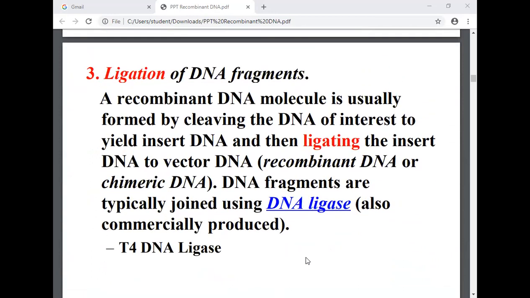Then if we cleave the DNA segments at certain positions, where we can get the base pairs of our own choice, we use the ligase enzyme, DNA ligase, to ligate them and get a complementary segment.